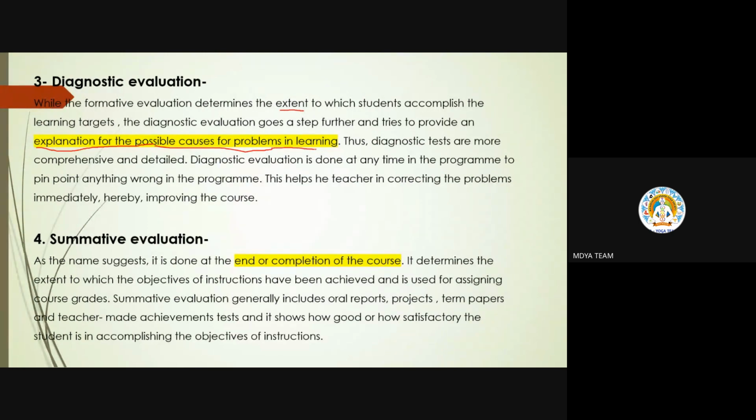In formative assessments, they just tell what the students have achieved and what not.